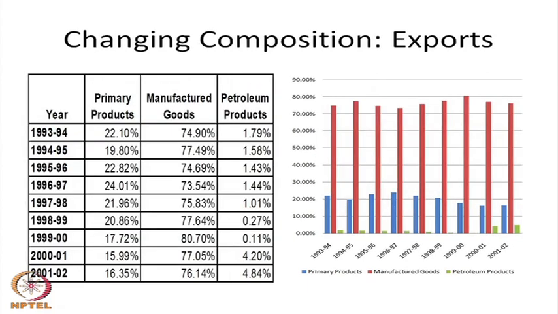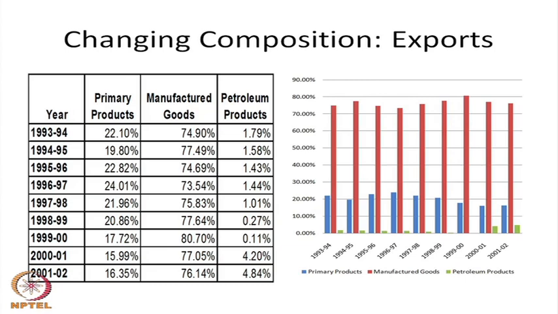In percentage terms, the primary product reduced from 22% in 93-94 to 16.35% in 2001-2. So the primary product, which constituted nearly 22% of our export basket revenue, had declined to 16% within 10 years. However, the manufacturing base, though it almost remained stagnant around 75 to 80%, marginally increased over the last 10 years.